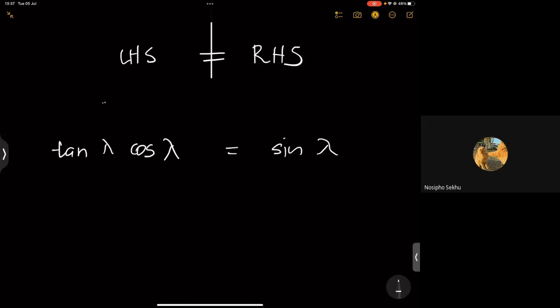Right, remember, what's the first thing that we do? Always try to change into sine and cos. So the 10 lambda, we change it into sine lambda over cos of lambda, times cos of lambda.